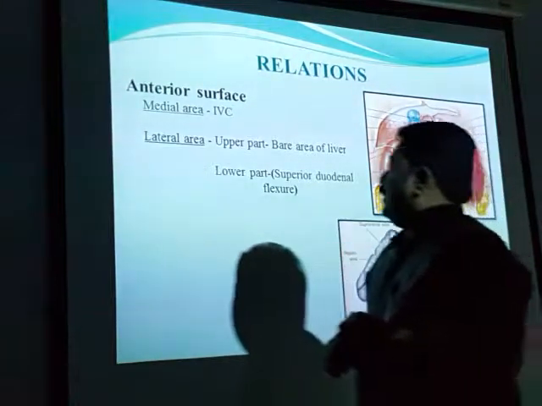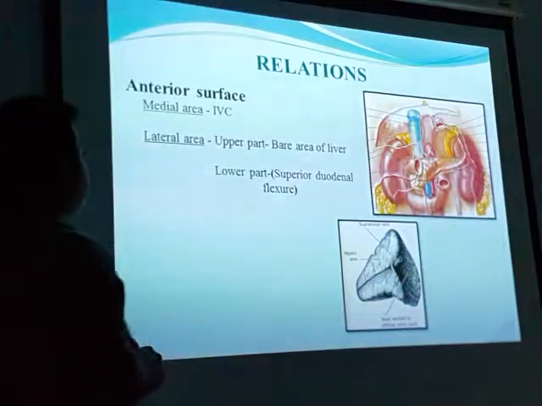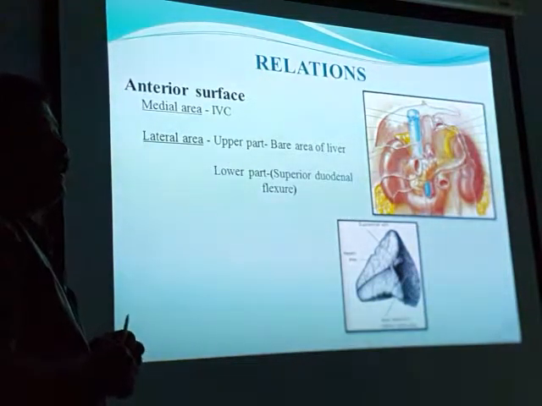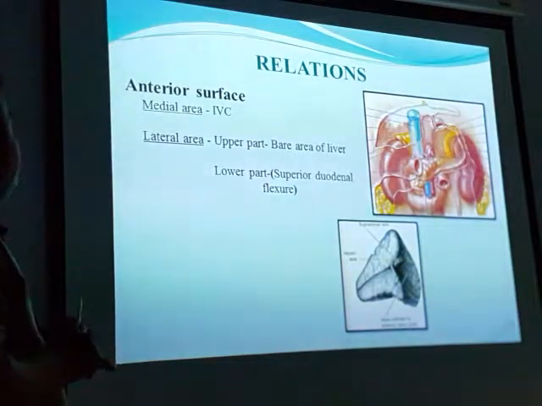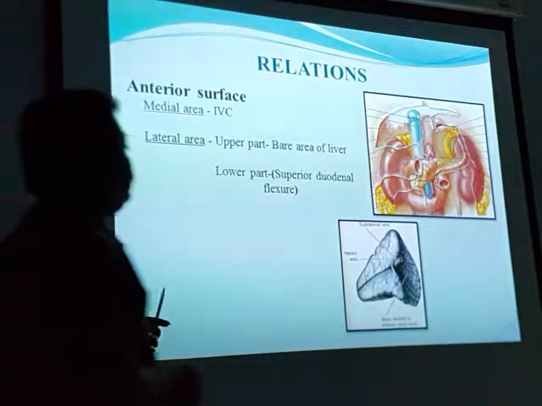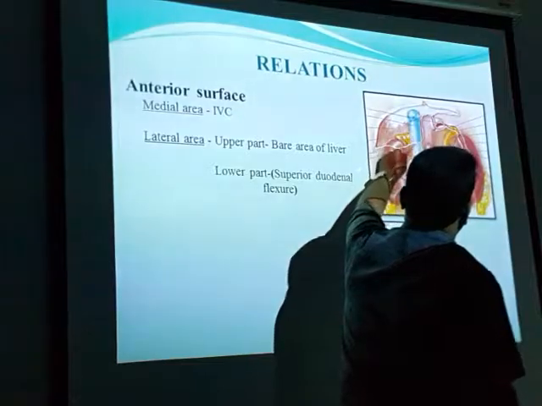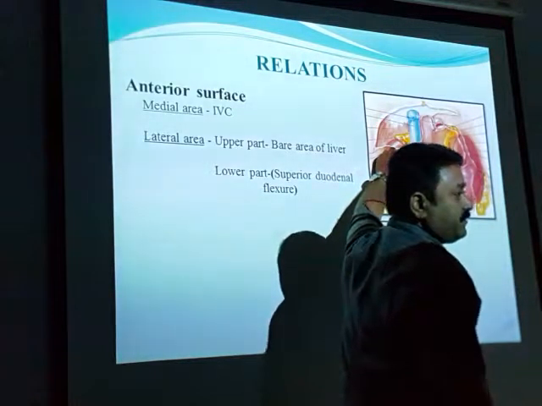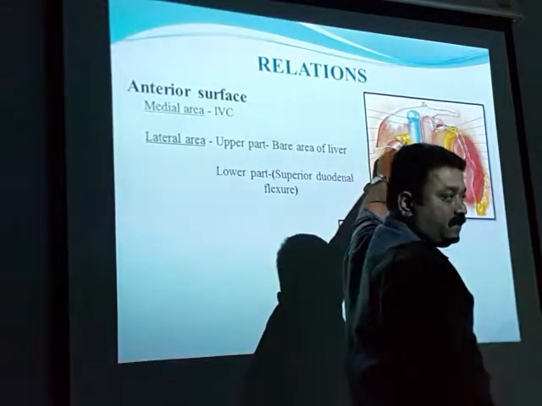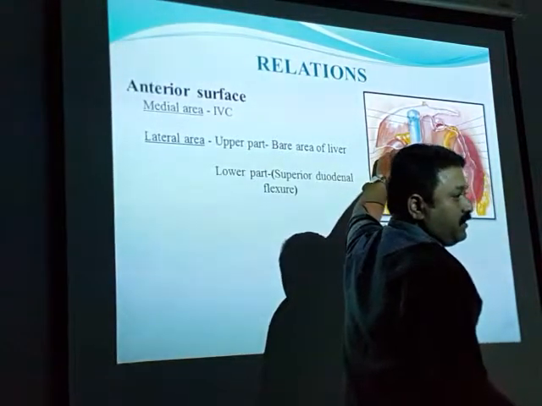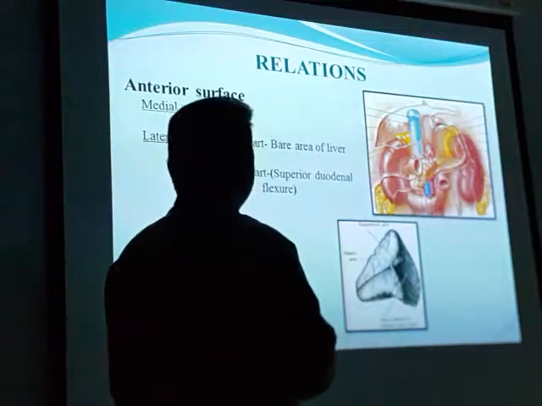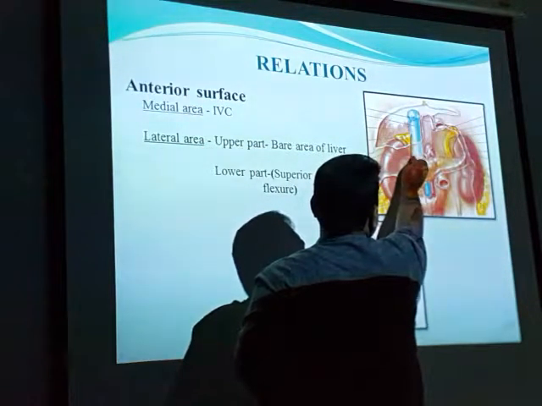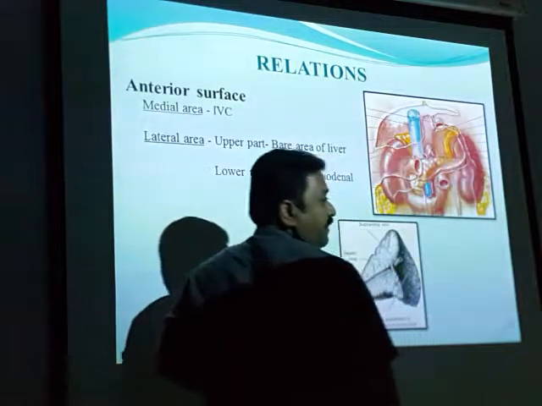Okay. And next is about the relations of the right suprarenal gland, which is pyramidal in shape. The anterior surface: what are the relations opposite to this surface? What are the structures present? It is divided into a medial area and a lateral area.